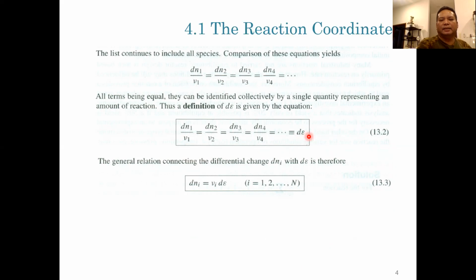Later we will define that, which is the reaction coordinate. So in general, the relationship between the change in number of moles and the reaction coordinate is denoted by dn_i equals nu_i d epsilon.